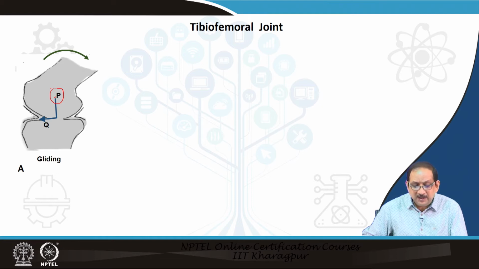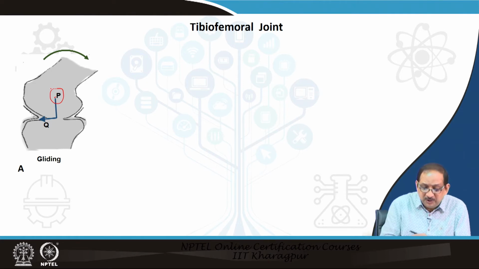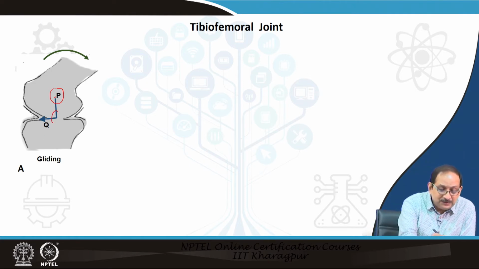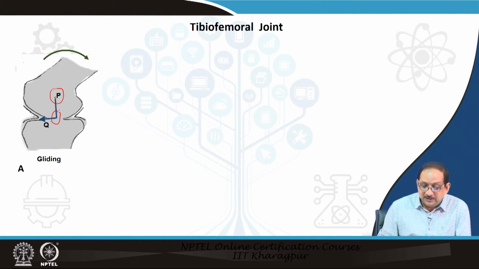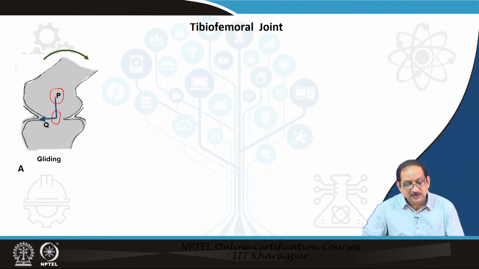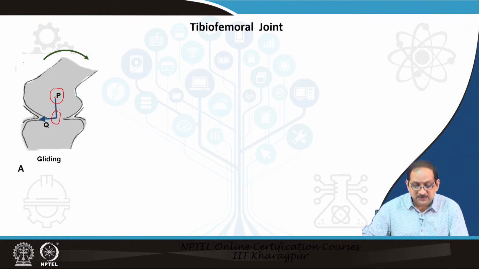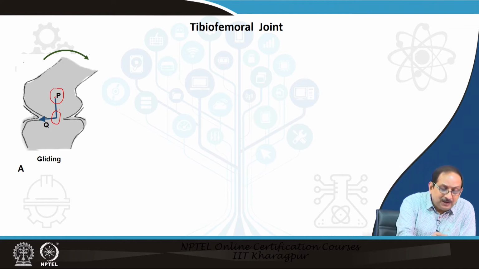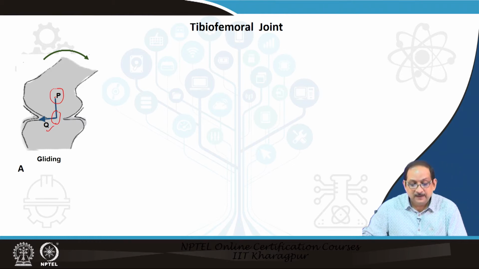So, in a normal knee, a line is drawn from the instantaneous center of the tibiofemoral joint to the tibiofemoral contact point, that is located here. This line is designated as line P and is perpendicular to the line tangential to the tibial surface, that is line Q. The arrow indicates the direction of the displacement of the contact points.